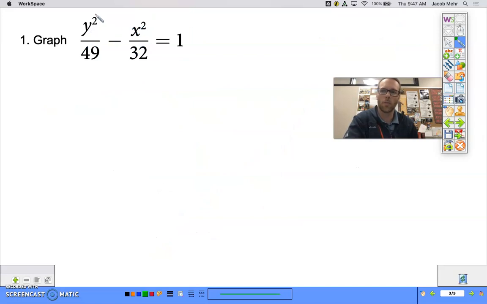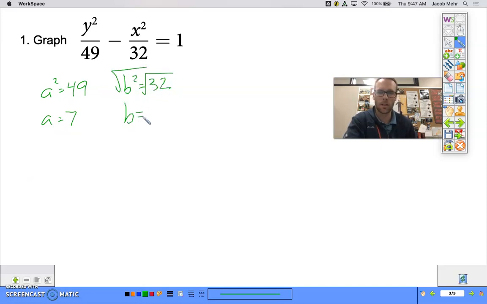So let's graph y squared over 49 minus x squared over 32 equals 1. Now notice the y squared's coming first. So a squared is 49, so a is 7. b squared is 32, so taking the square root, b is 4 root 2.